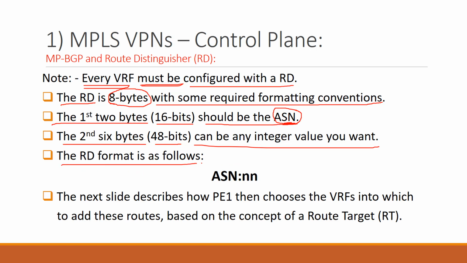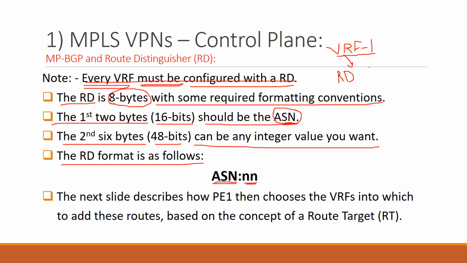So the RD format is as follows: autonomous system number, and any integer value you want to use. Let's say that we are configuring VRF1, and as we said, every VRF must be configured with a route distinguisher.